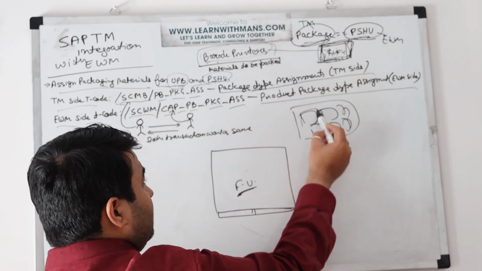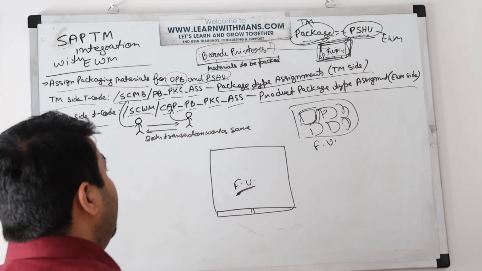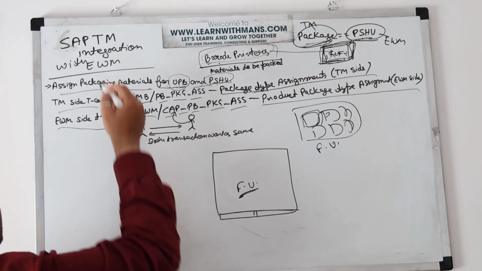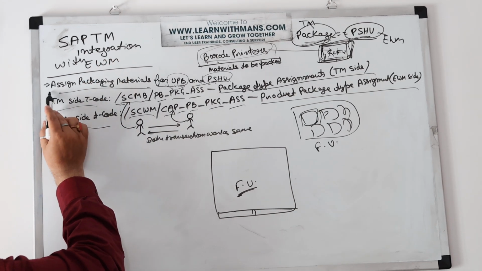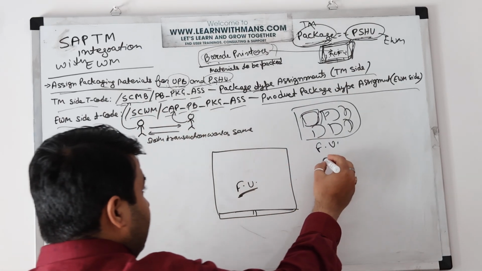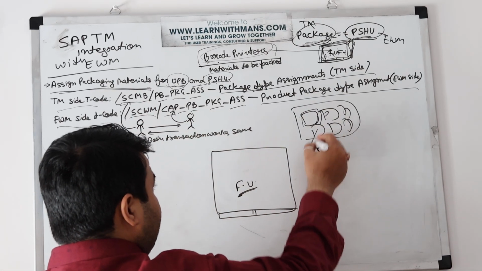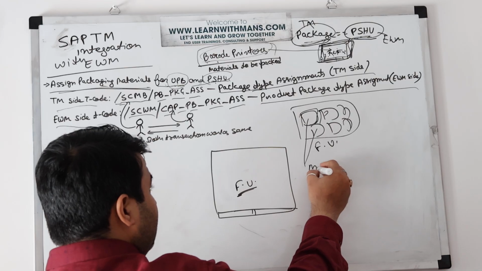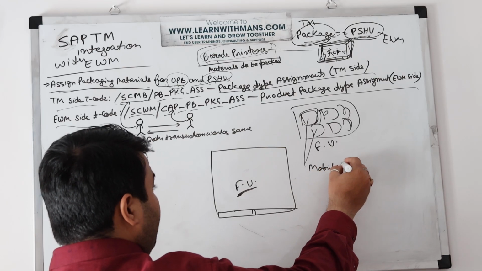It contains some materials. So how does it contain some materials? Today we will see, we assign packaging material. What is the packaging material in my example? Suppose this is the mobile phones.